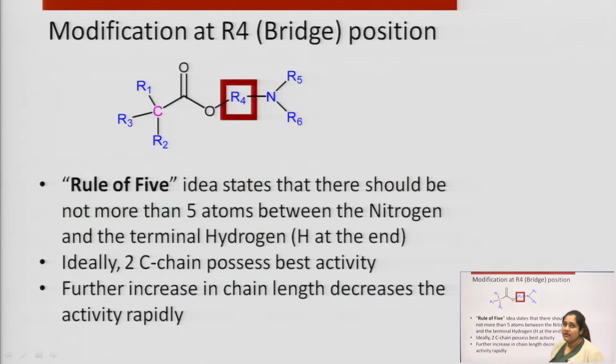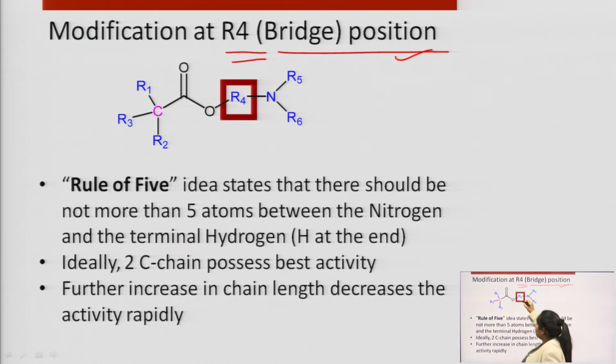The next is the modification at R4, this bridge position. As in the case of acetylcholine, there is an ethylene group. So, there is a rule of 5. The rule of 5 states there should not be more than 5 atoms between the nitrogen and the terminal hydrogen.